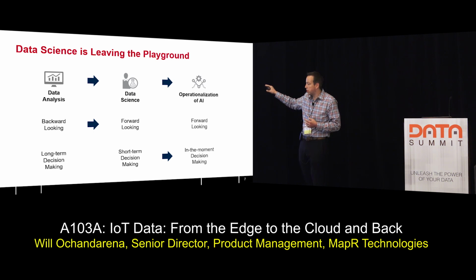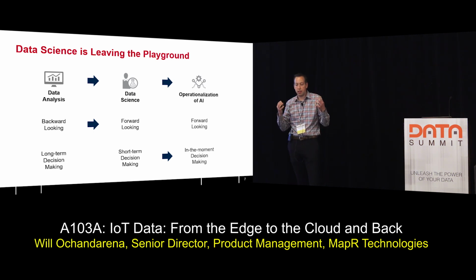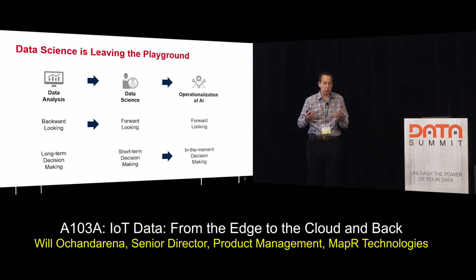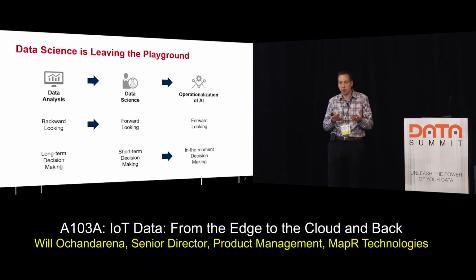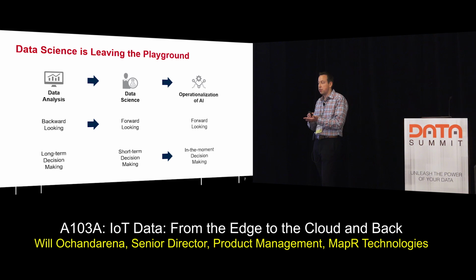If you want improvements in the moment, you do this operationalization of AI, which basically says you have those data scientists building models, but instead of just looking at those models and trying to make decisions directly based on them, you put them into your operational systems and your operational data pipelines, and you start making predictions about certain pieces of data and certain objects as your business runs.